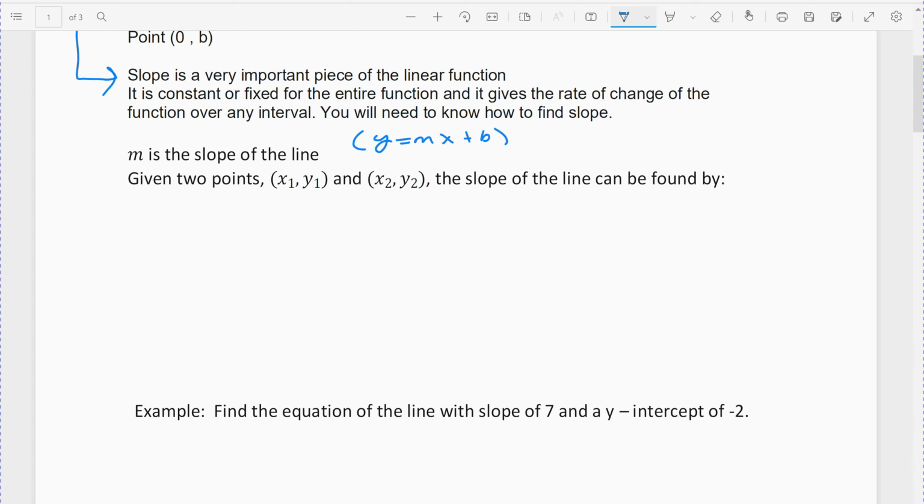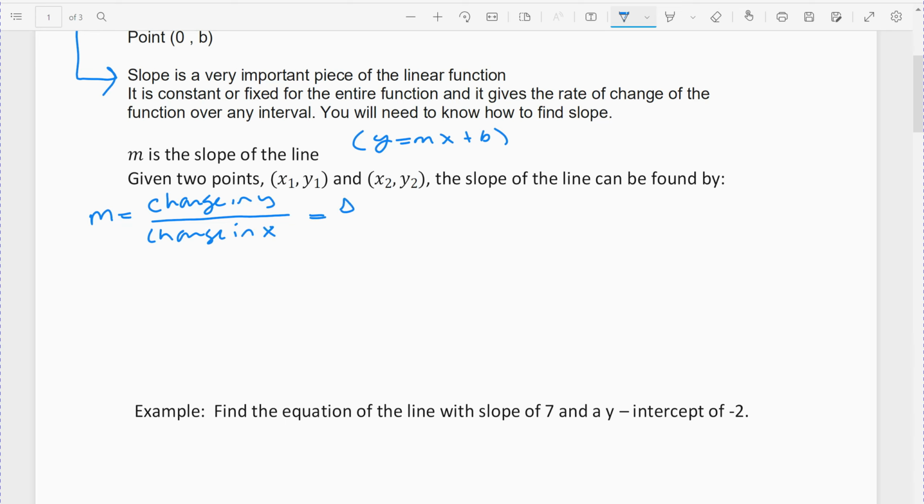Either you'll be given it or you'll have to find it. If you have to find it, oftentimes you'll have to have 2 points, or a graph and be able to locate 2 points. So if we're given 2 points, first in words, the slope is the change in y, the change in the function values, over the change in x, the input values.